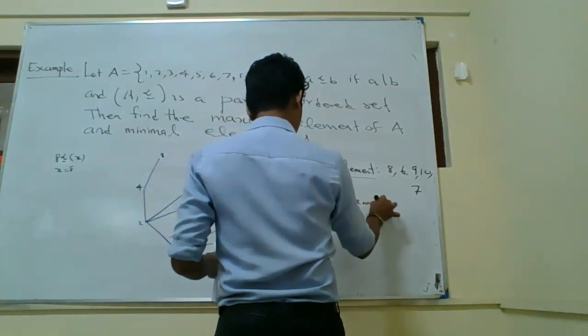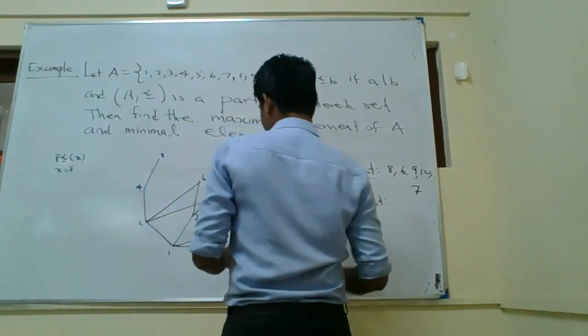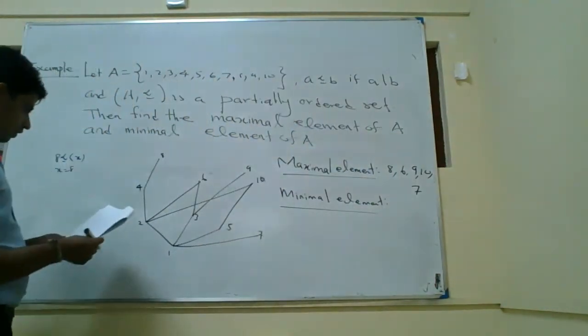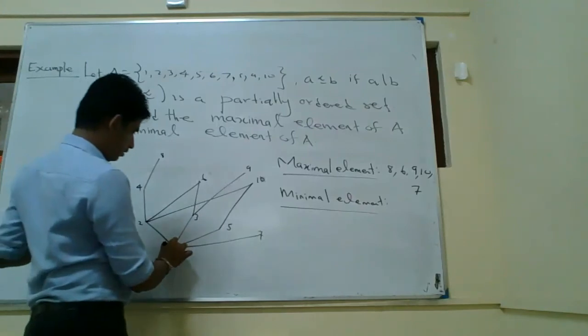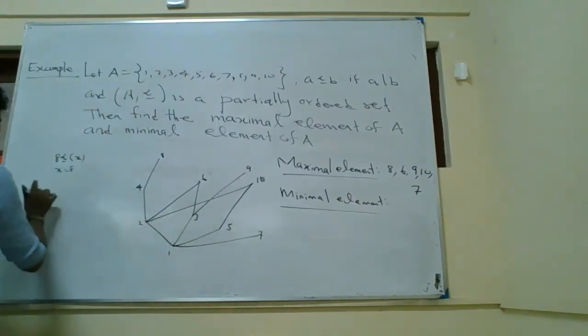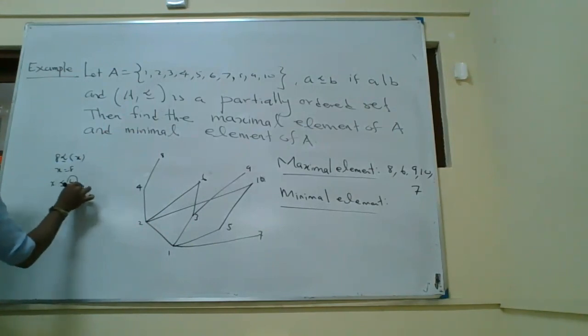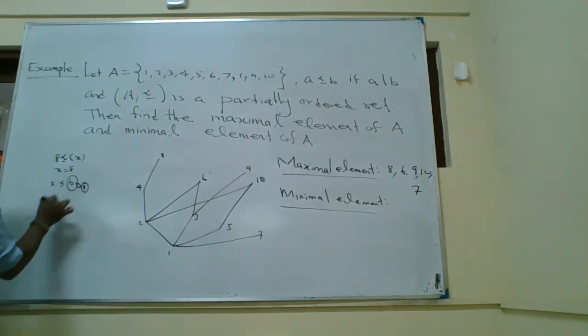Minimal element here is 1, right? Suppose your minimum element x precedes b, and b should be any element.